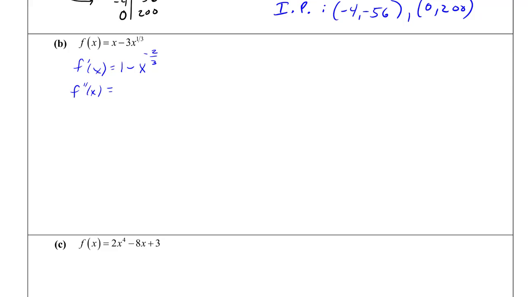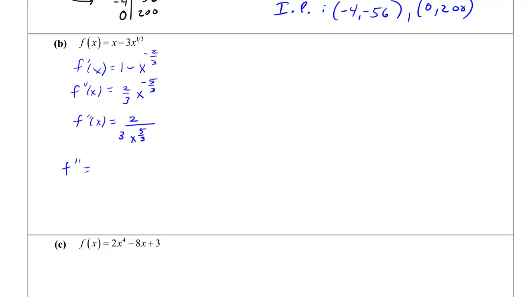Positive 2/3 x to the -5/3, or in other words, 2 over 3x to the 5/3. All right, so there's our second derivative.